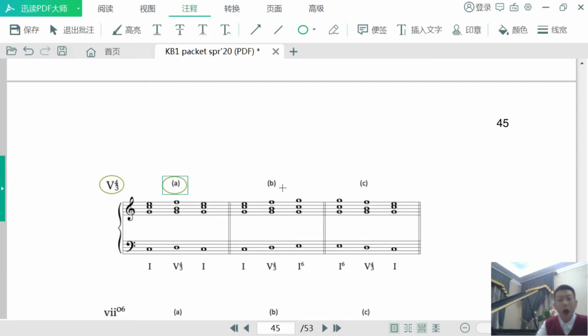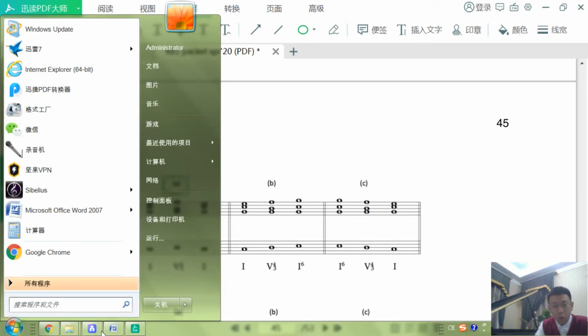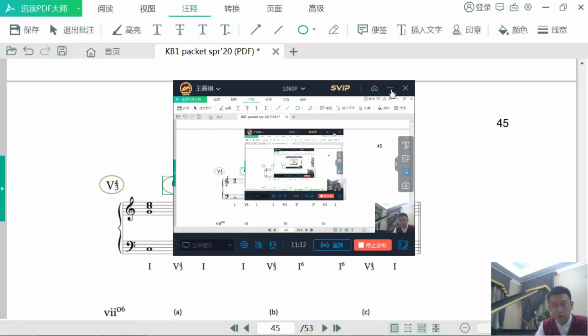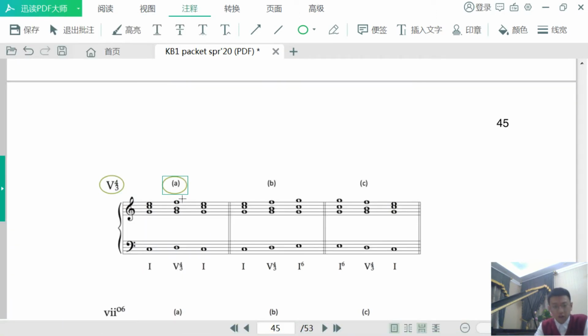This is 1, 5-4-3 to 1 chord. In this case, the 7th goes down by a step, the leading tone goes up, the root stays, and the 5th goes down. So that's the normal way to resolve.